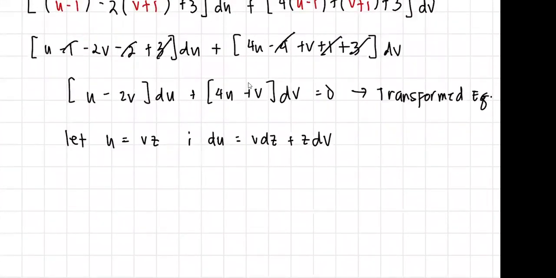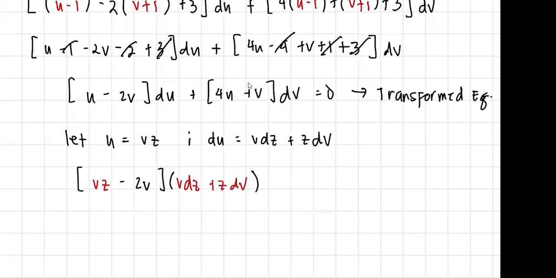So, we have (vz - 2v) du plus 4 times (vz) plus v dv is equals to 0. Sorry, yung mayroon para tayong du doon. Pwede natin substitute yung du = v dz + z dv.